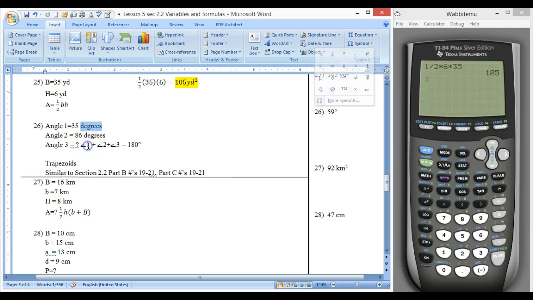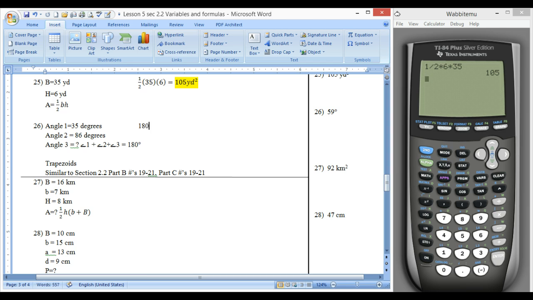Here I've used a way to notate angle, kind of like a sideways V, just indicating angle 1, and this is my shorthand. Angle 1 plus angle 2 plus angle 3 on a triangle equal 180 degrees. So if I want to find this third angle, I need to add what I have and subtract it from 180.